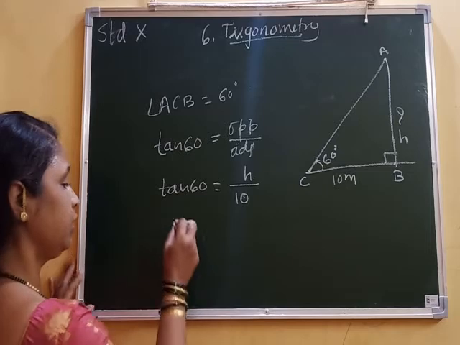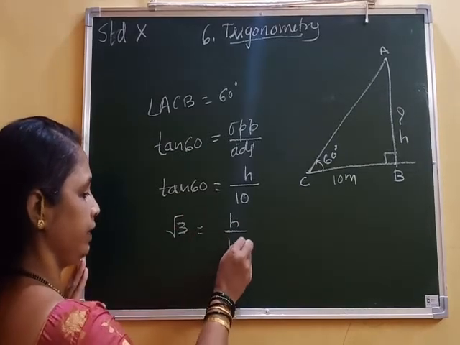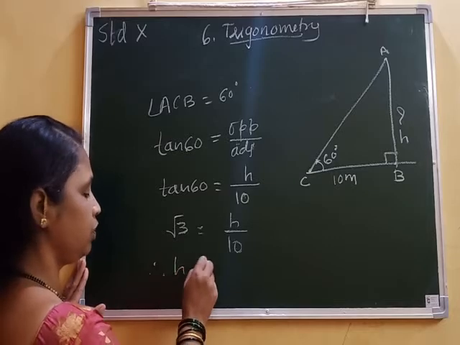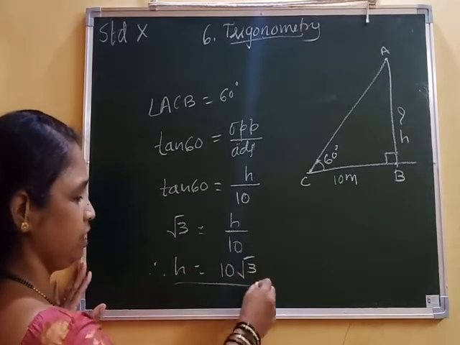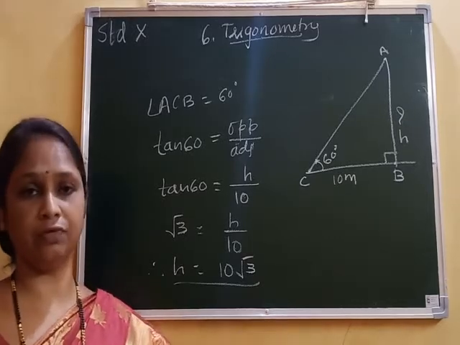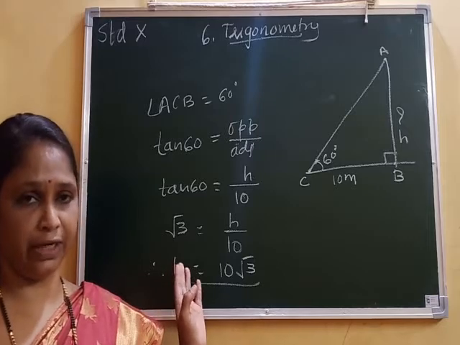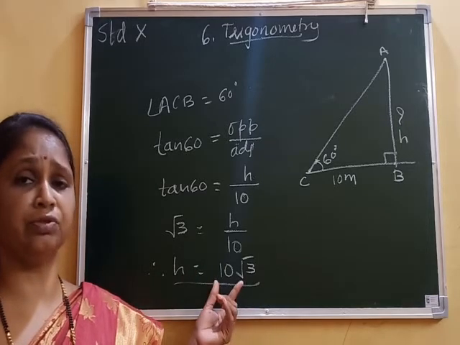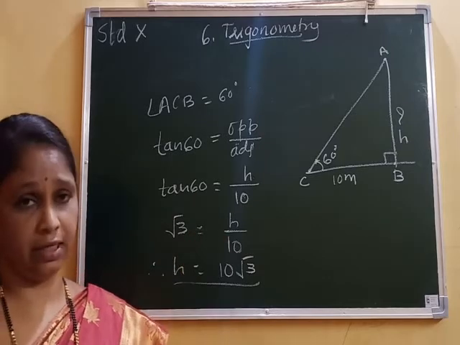Tan 60 is root 3. Root 3 is equal to H upon 10. Therefore H is equal to 10 into root 3. If the value of root 3 is given in the question, you can substitute and multiply. If it is not given, then you can write it like this. Like this you have to solve the example.